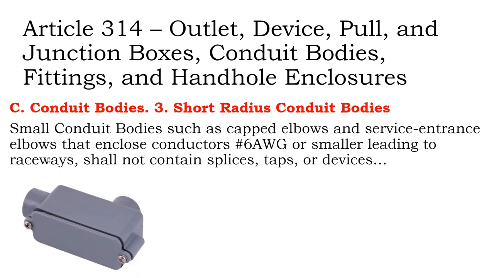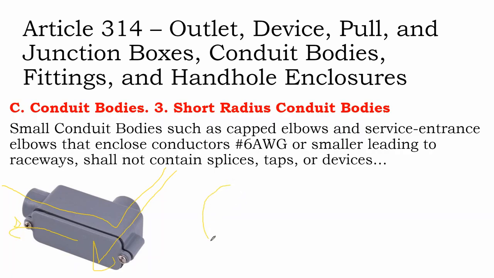So we're getting into smaller conduit bodies. This is called an LB, and you have conduit coming in one way and conduit coming the other, and you use an LB for two reasons. The first reason is you're doing a cable pull and you need to go off in the other direction.